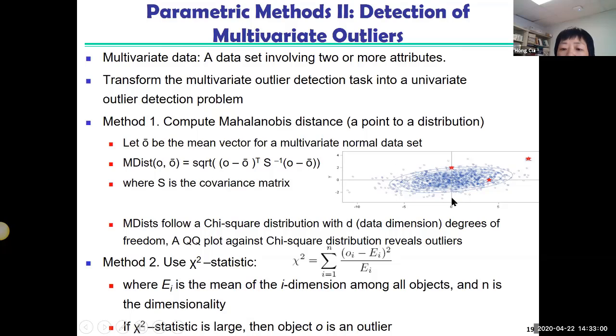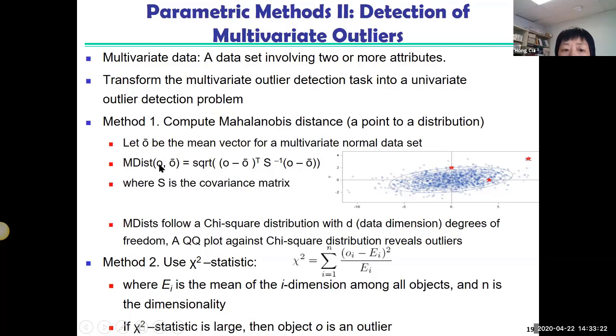The example here shows two-dimensional data. The Mahalanobis distance is defined as such. It's a generalized form of Euclidean distance. Here O bar is the mean vector, and O is one observation.